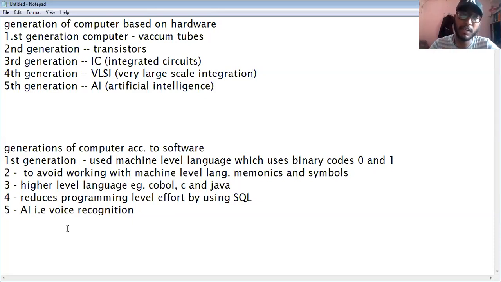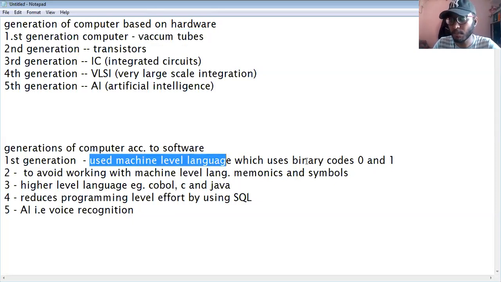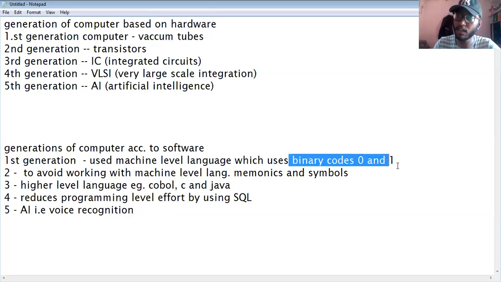As I told you, in first generation the computer was room size, so large. According to hardware it was using vacuum tubes, and during that time we started using just machine level language, which uses binary codes, that is 0 and 1.